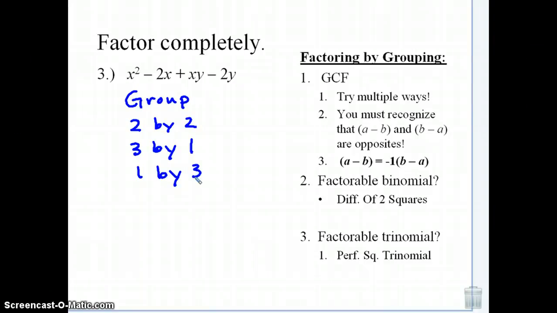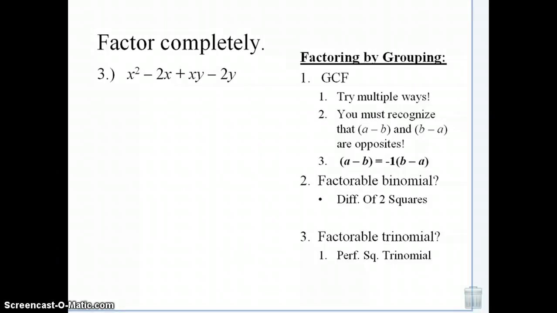Now, when I look at these choices, these 2 choices are probably going to be our perfect square trinomials or differences of 2 squares. Okay, a combination. This one is going to be looking for GCFs.